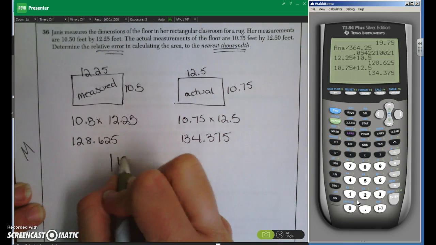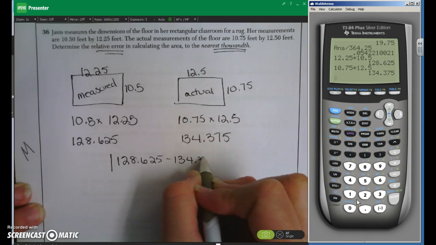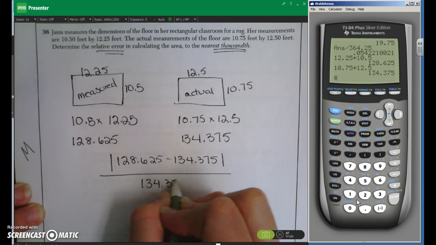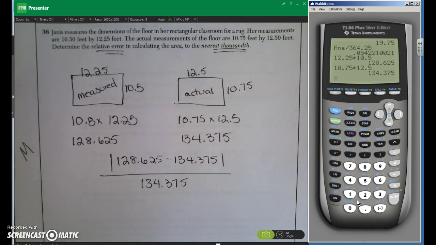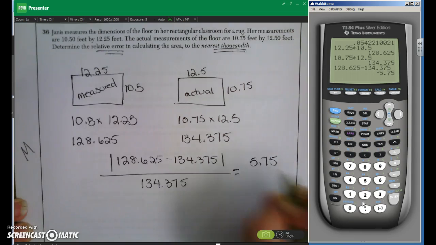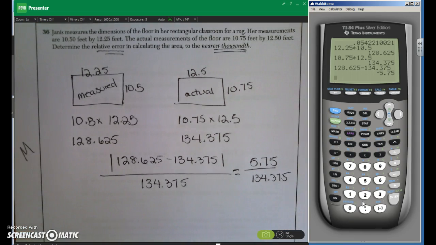So now we have the absolute value divided by the actual. And I'm going to do my math. I get negative 5.75, but because it's an absolute value, I'm just going to write positive 5.75. Now I need to divide.